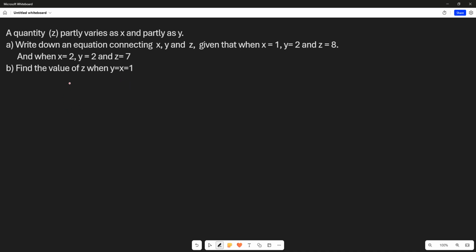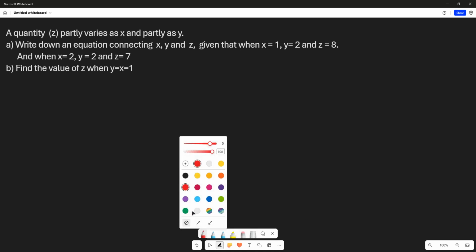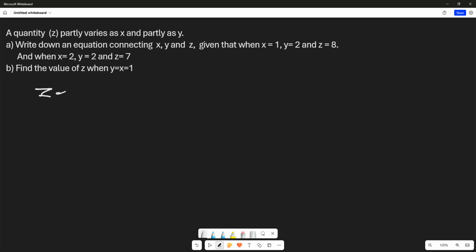Okay, so let's look at the solution. z varies as x and y.